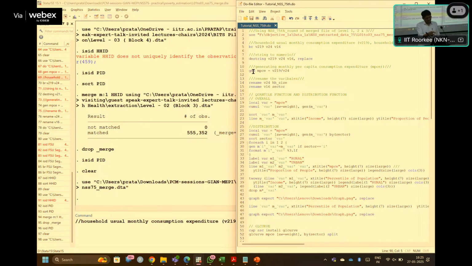So 2 and 3 are giving you the household size as well as the household members. More or less, we have got it from the household file itself because household size is a variable. So the monthly MPC is already there, the monthly household consumption expenditure, and it is also carrying the variable of household size.